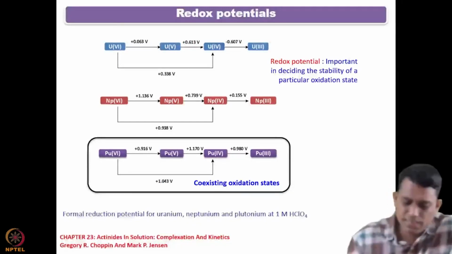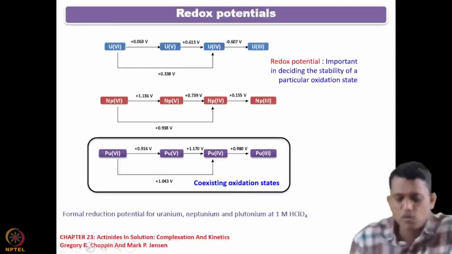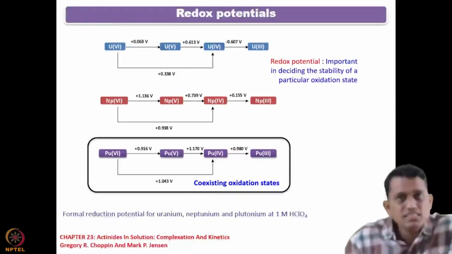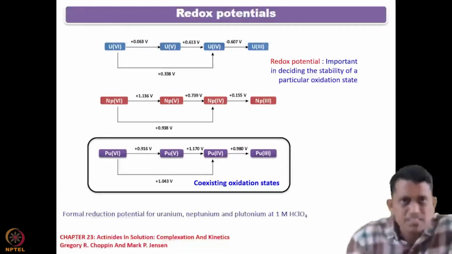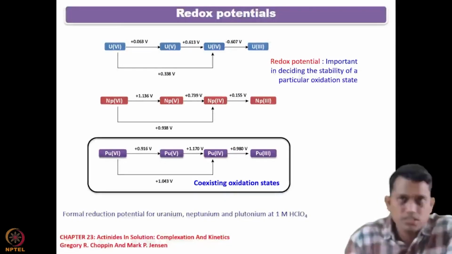What it means is that most of these redox potentials are very close to each other. What does it suggest? That most of these species can coexist at a given solution condition. So actinides show this very peculiar behavior, that sometimes coexisting oxidation states are possible for a given element. We'll now see how the individual oxidation states vary.